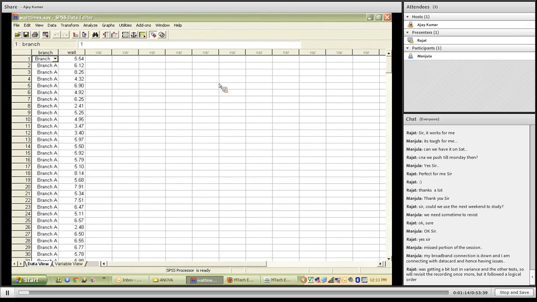Those assumptions were tested by applying the Levene statistic. The Levene statistic was applied, and we looked at the significance figure in the SPSS output. As I have reiterated in previous sessions, whenever you see Sig, the significance value, in the output table of an SPSS sheet, that is nothing but the p value, the probability value.